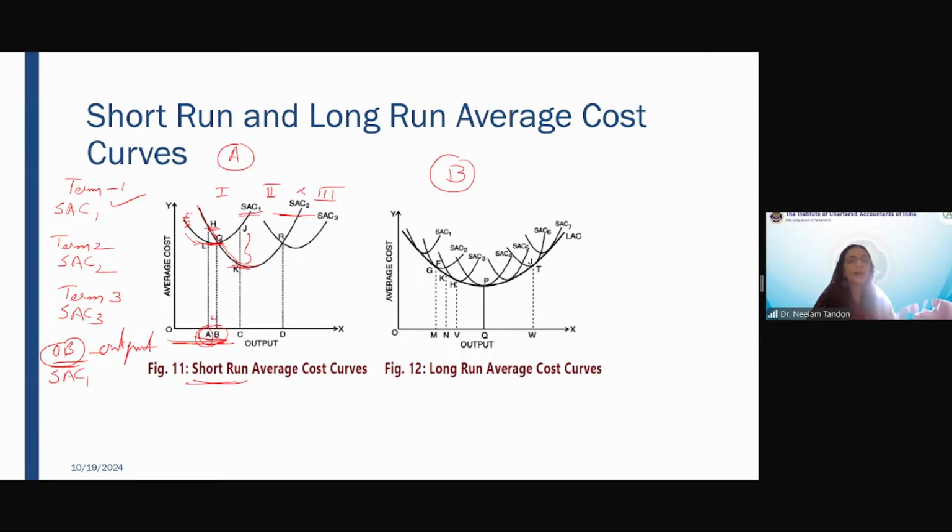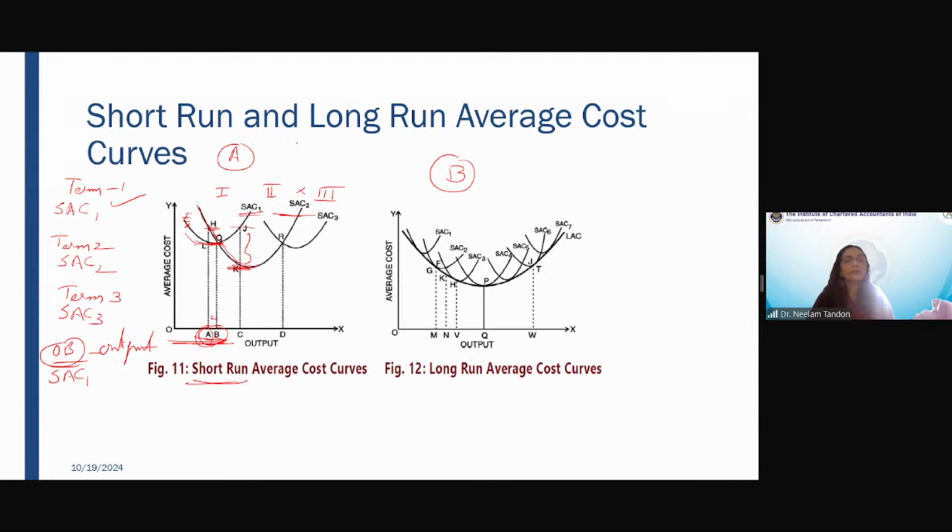So when we talk about short term for SEC2, आपके लिए best option है to go for K point, that is CK, rather than going for J point, where you incur high cost if you go for SEC1.